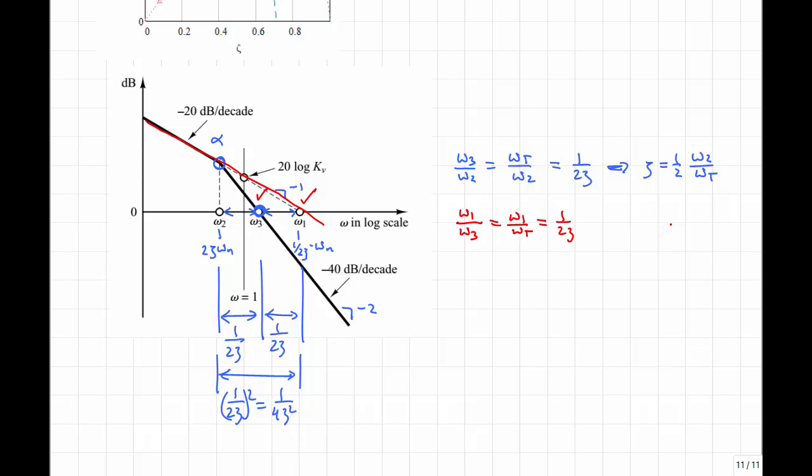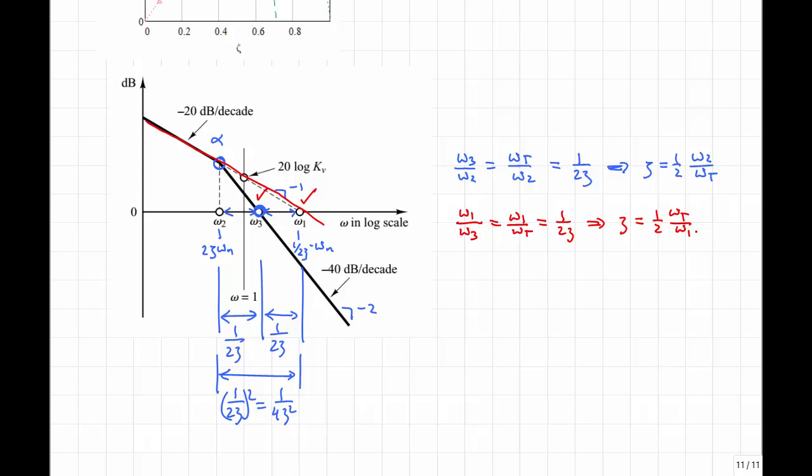So we could extract zeta from this as well: 1/2 of omega t over omega 1.